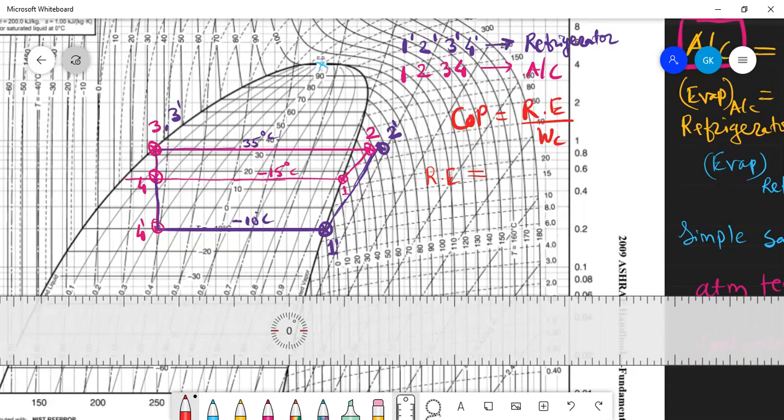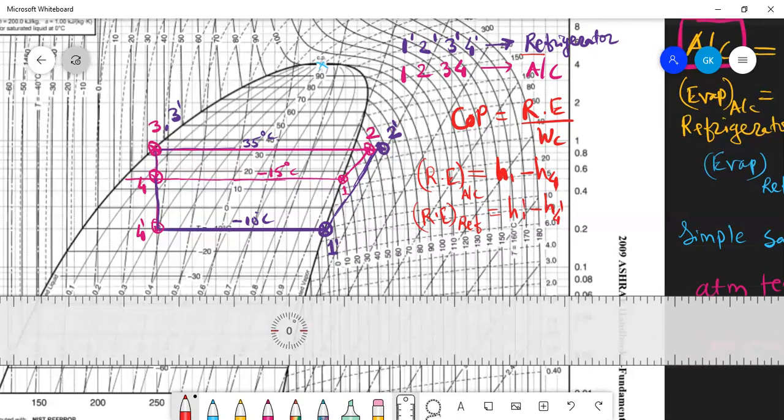So this is the inlet of the evaporator and this is the outlet of the evaporator. For the AC, the refrigerating effect is H1 minus H4. Similarly, for the refrigerator, it is H1 dash minus H4 dash.